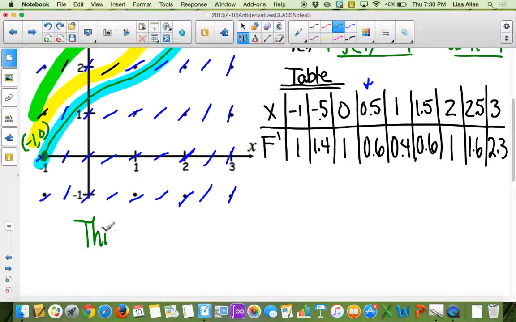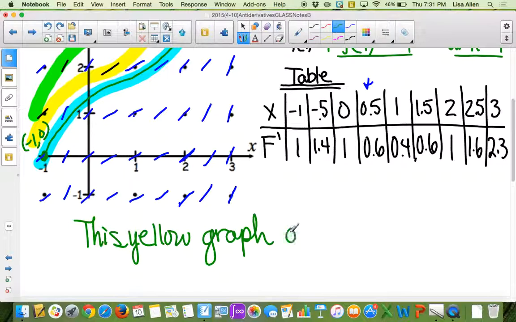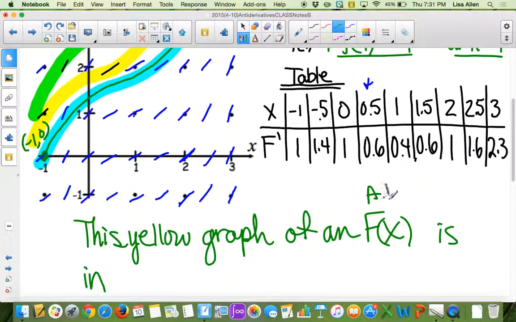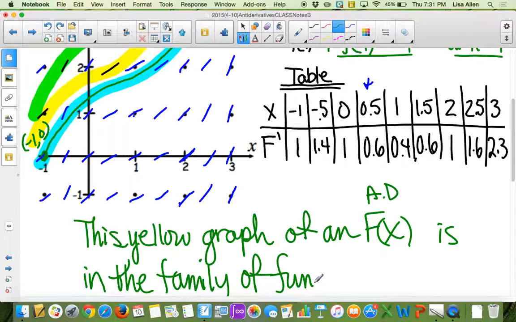This yellow graph, and really the blue and the green, of an f of x is in the family of an antiderivative. f of x is in the family of functions capital F of x plus c, which are all vertical translations of one another.